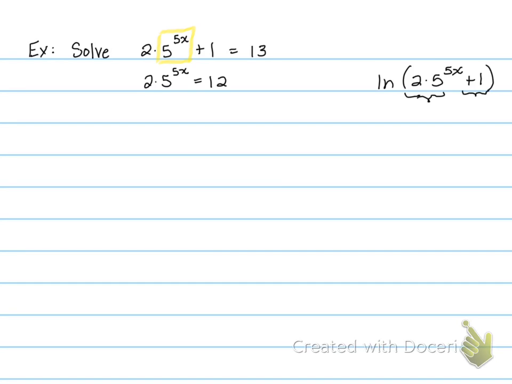So I'll also divide by 2 just to get rid of that multiplication as well. So we have 5 to the 5x equals 6. So I've gotten that 5 to the 5x by itself on one side of the equation. So now I'm ready to take the logarithm. So we'll take the natural log of 5 to the 5x, and that's equal to the natural log of 6.